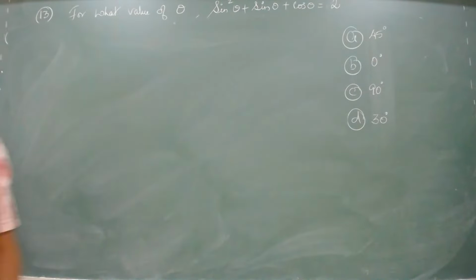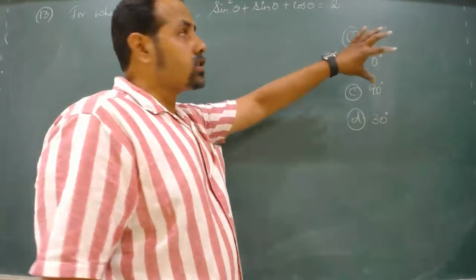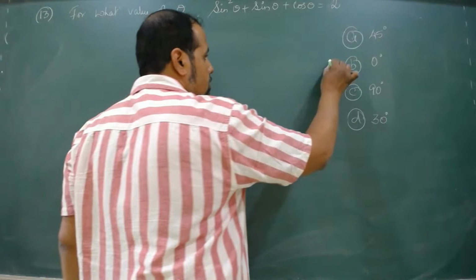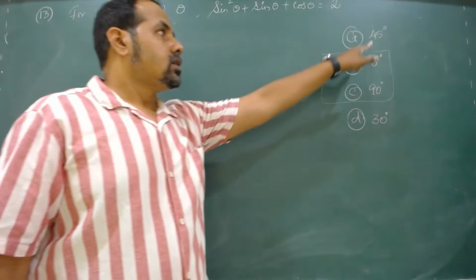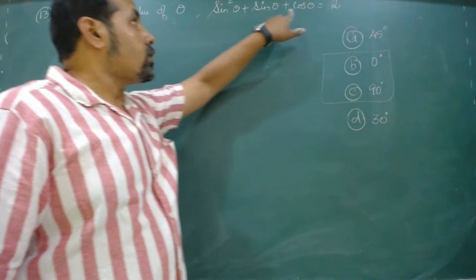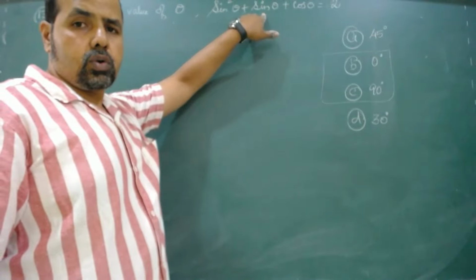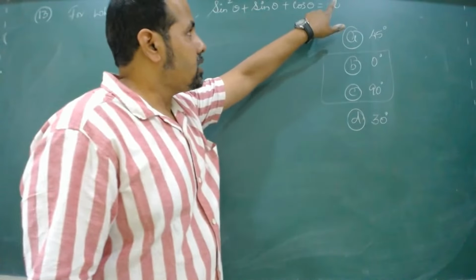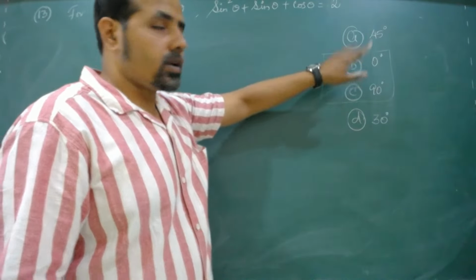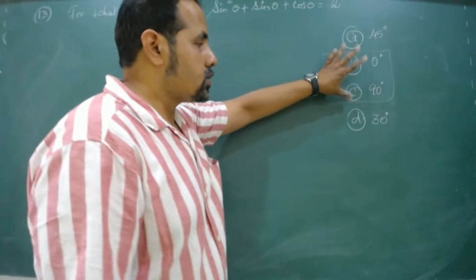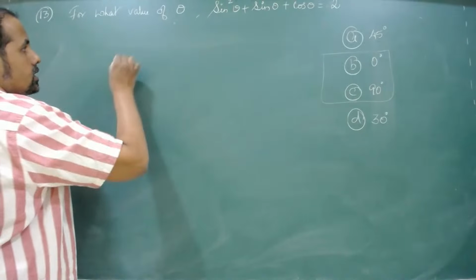So you have to be very careful. Primary focus should be only on 0 and 90, because sine 45 will become 1 by root 2, which will not give me the result, be careful. And cos 45 is also 1 by root 2. So I will focus only on 0 and 90.